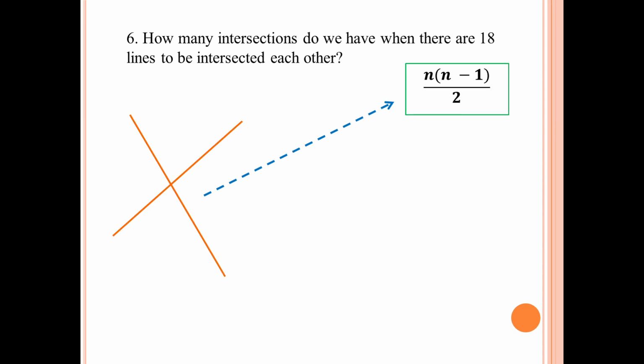So 2 times 2 minus 1 over 2. 2 minus 1 is 1. 1 times 2 is 2. 2 divided by 2 is 1, which means 1 intersection. Then if we're going to draw another line, so n becomes 3. So 3 times 3 minus 1 over 2. 3 minus 1 is 2 times 3 is 6. Divided by 2 is 3, which means it will satisfy the given problem.